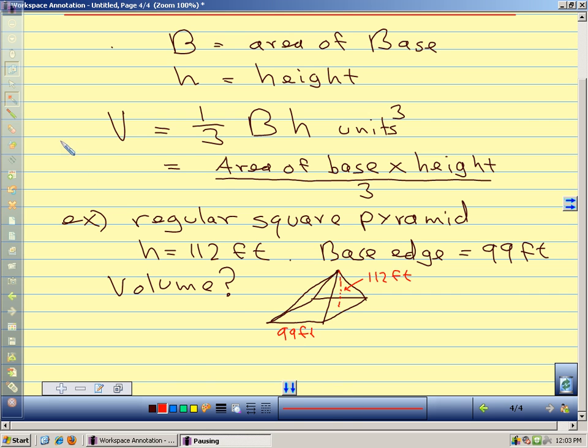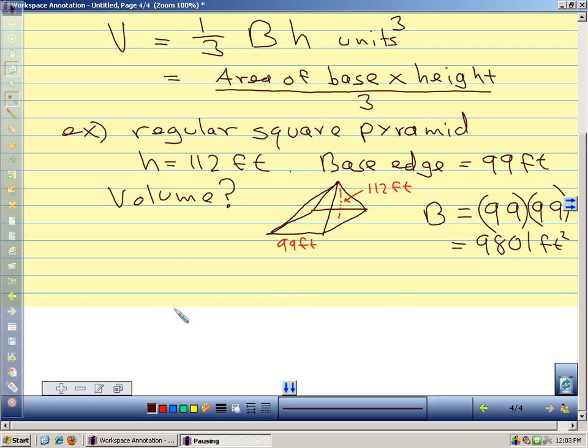So for our volume, we need the area of the base and we need the height. Well, we know the height already. What's the area of the base? How are we going to find the area of the base? 99 times 99. The problem tells us it's a square pyramid, so the base is a square. So the base is 99 times 99, which when I multiply that out, I get 9801 square feet.